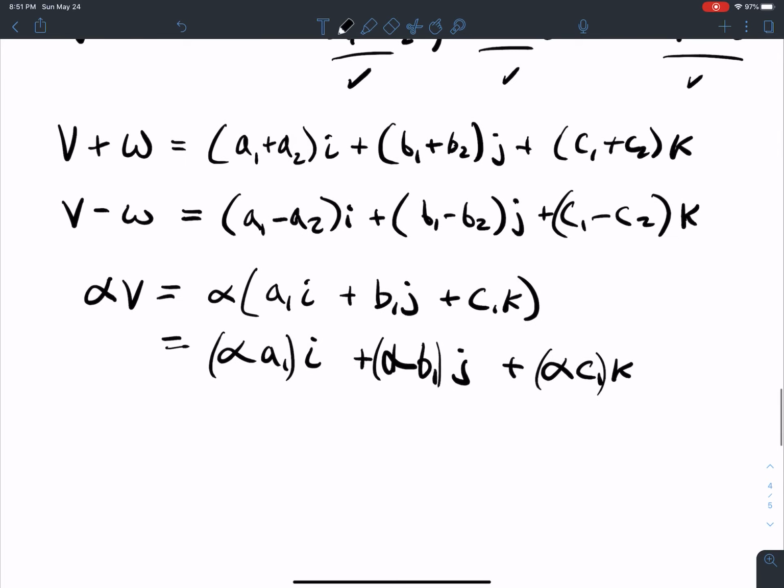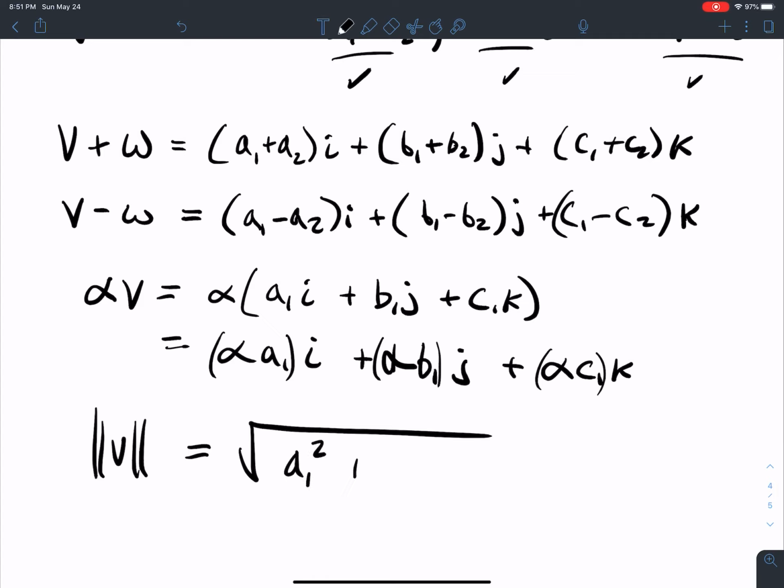And then the last, the magnitude of the vector is the square root of a1 squared plus b1 squared plus c1 squared.